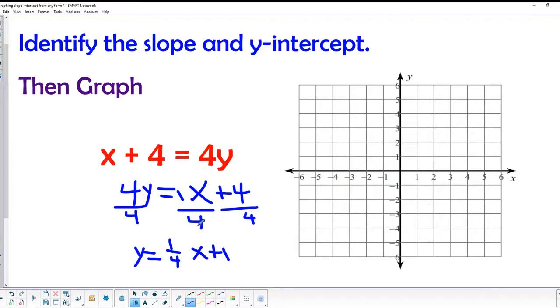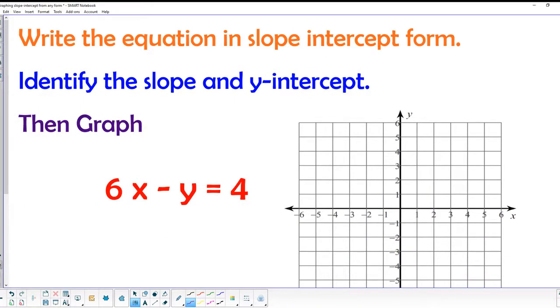And to graph that, we go up to 1 on the y-axis. Then we go up 1 and over 4. Or we can go down 1 and back 4. And now we just connect our dots and we're good to go.